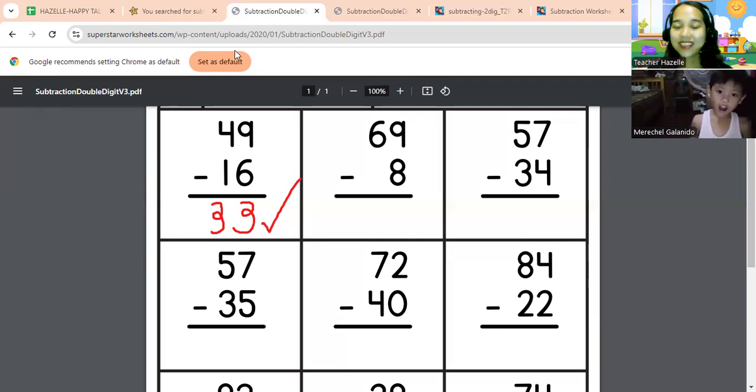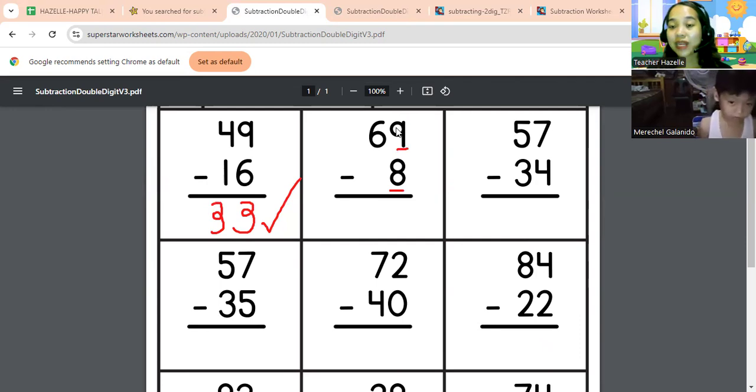Very good, Ivan. Keep up the good work. All right, next item. Can you please read it? We have 69 minus 8. All right, let's first start with 9 minus 8.